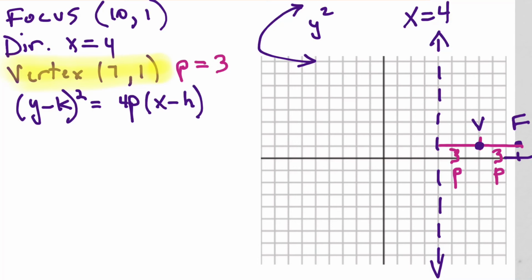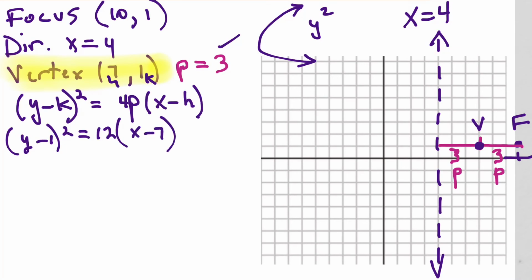Now that we know the vertex, we know what h and k are, and we know p is 3. So we've got (y - 1)² = 4 times p, that would be 12, times (x - 7). Okay, there's our equation now.